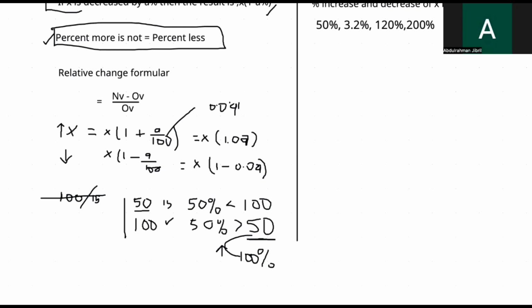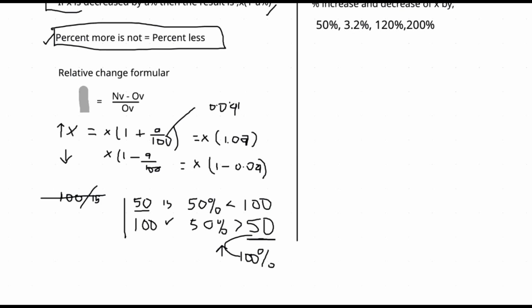Now, let's solve some questions. Okay, I forgot to talk about this. Now, this is the relative change formula. There are some questions where you'll be given a certain value, maybe it was decreased to another value, and you'll be asked to find the relative change.